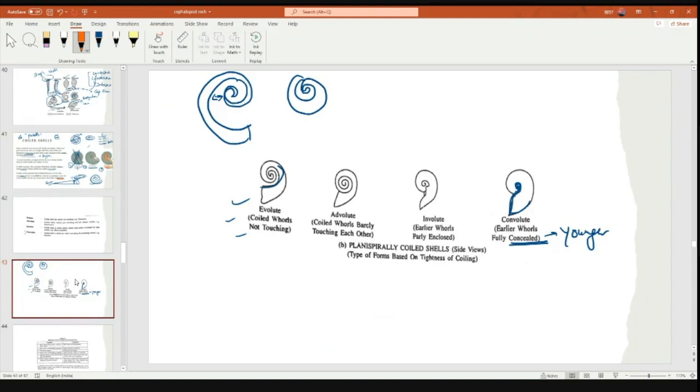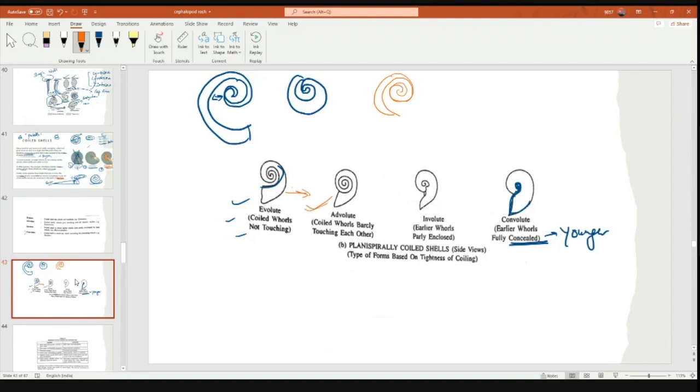And advolute is the coiled wall barely touching. These are barely touching, not that much. This one is not touching at all, and these are quite touching. Barely touching in some places, very difficult to touch. So that will be advolute. Coiled walls barely touching each other.